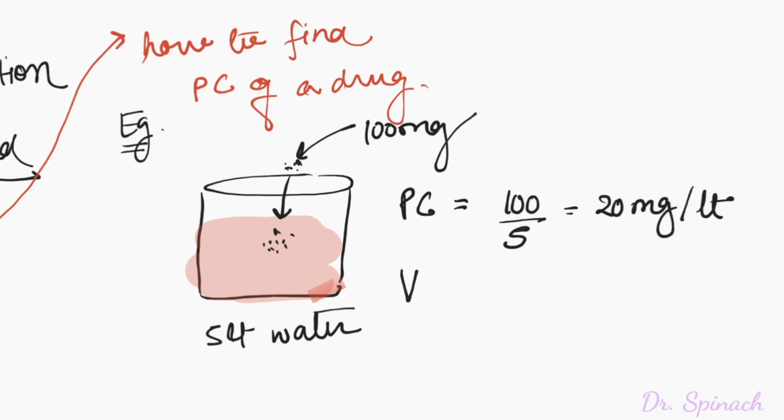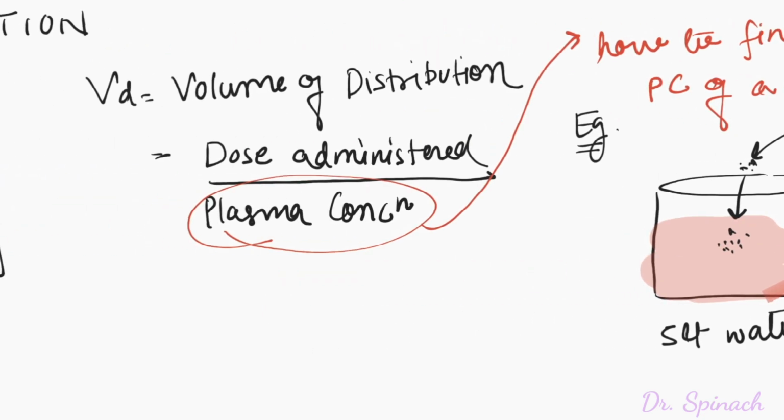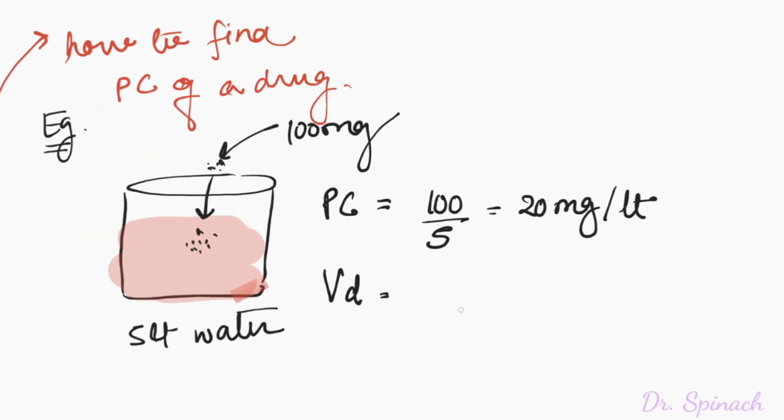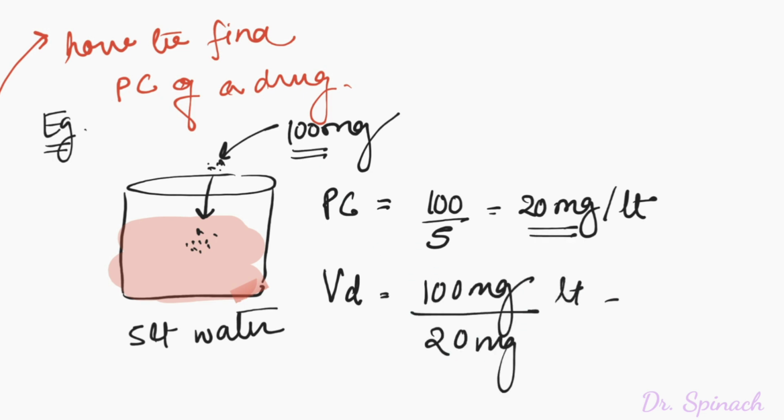And the volume of distribution would be the drug administered upon the plasma concentration achieved. So here, the drug administered is 100 mg and the plasma concentration achieved is 20 mg per liter, which turns out to be 5 liters. Assuming the water beaker to be plasma, these are the values that came out when we considered that all the drug is in plasma.